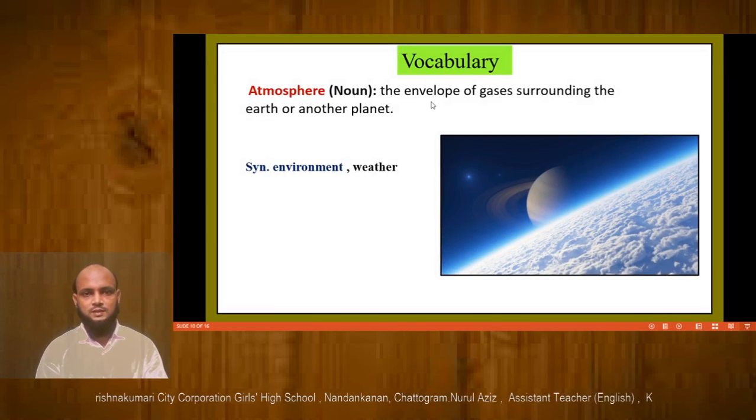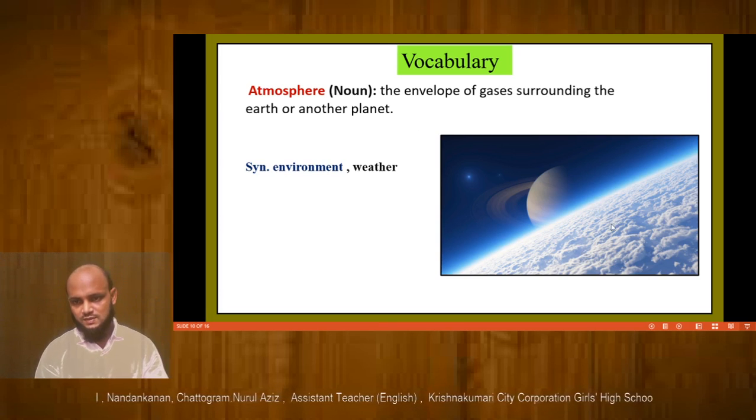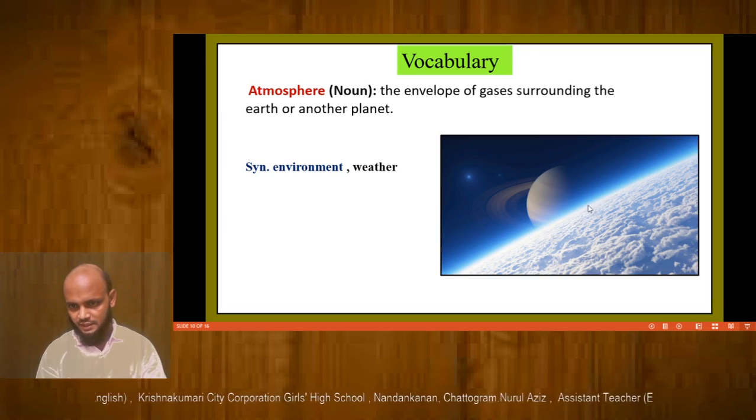Atmosphere, this is a noun. Sometimes you make mistakes about atmosphere and environment. Atmosphere is a thin layer around the earth. Earth is a planet, and around this planet there is a thin layer of gases. This is called atmosphere. You see the green layer here.